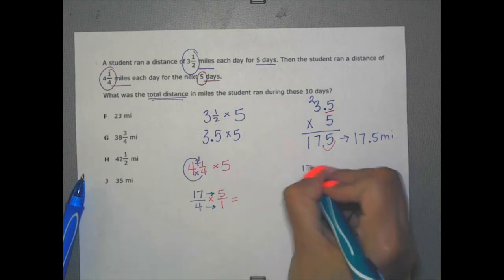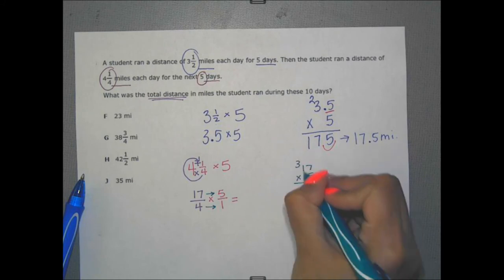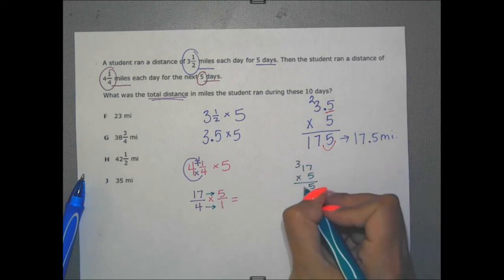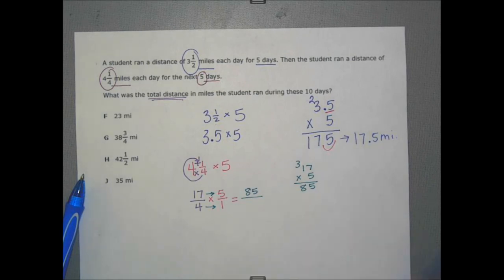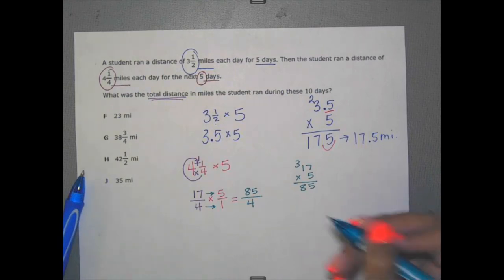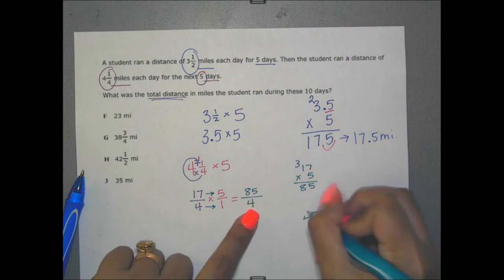So 17 times 5. 7 times 5 is 35. 1 times 5 is 5, plus 3 is 8. 85 over, and then 4 times 1 is 4. Now from here, I need to go ahead and turn it into a proper fraction. So remember that to do that, we need to divide. So 85 divided by 4.